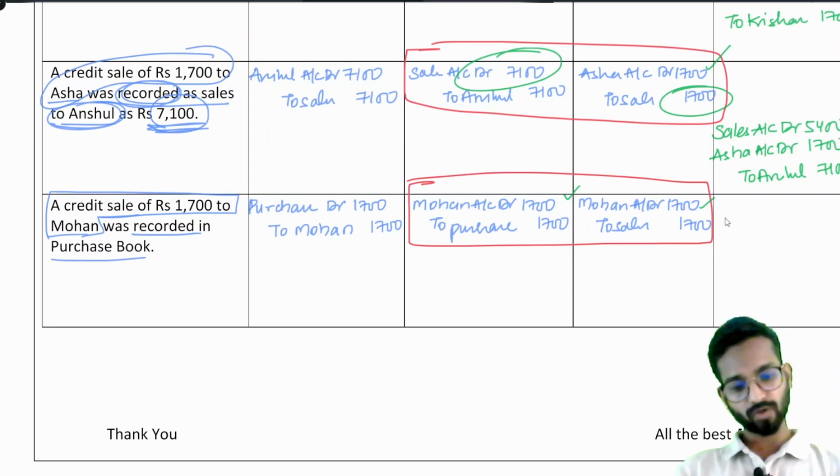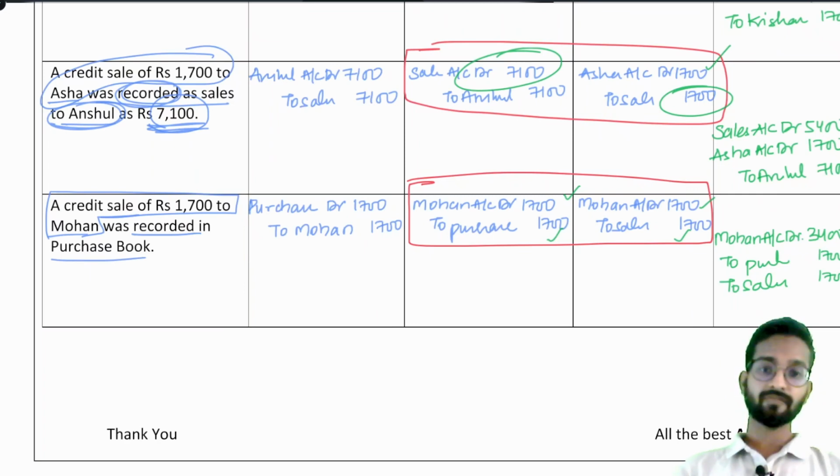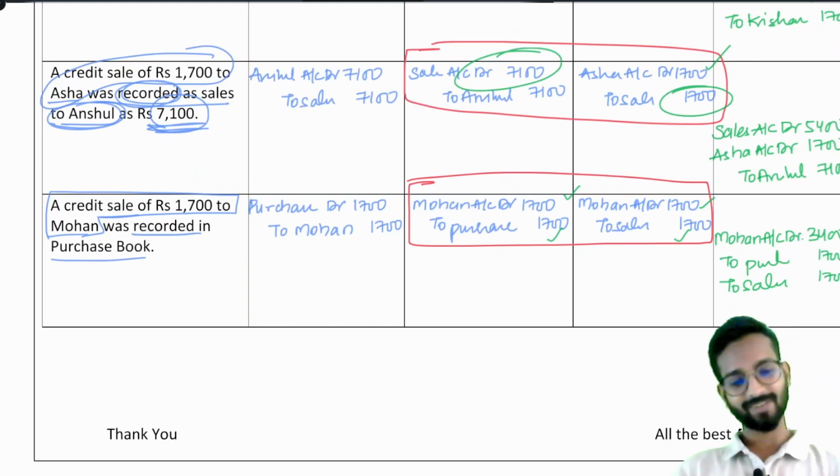So total Mohan account will be debited by 3,400. Then to purchase, to sales, 1700 and 1700. Remember this, your rectified journal entry will also tally each and every time. If it is not tallying, it means your answer is wrong.